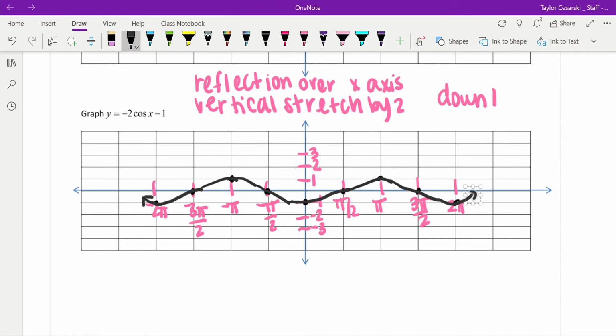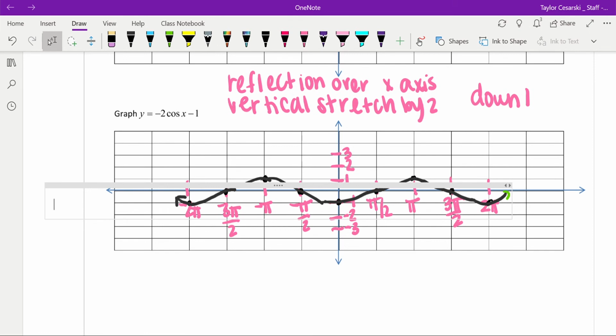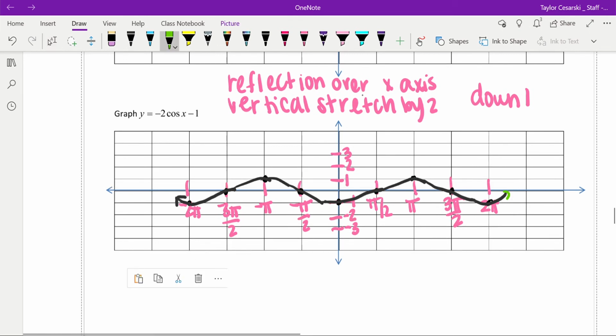All right, so next we know that there's a vertical stretch by 2. So instead of going from -1 to +1, we're going to go from -2 to +2. Whoa, don't know what happened there. There we go. All right.